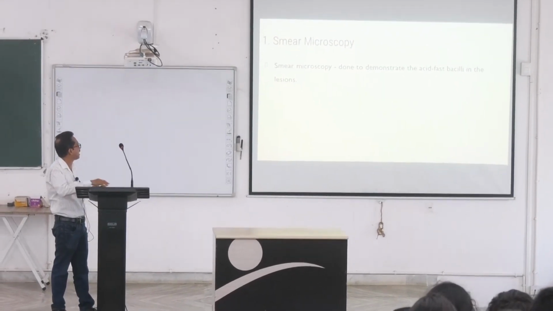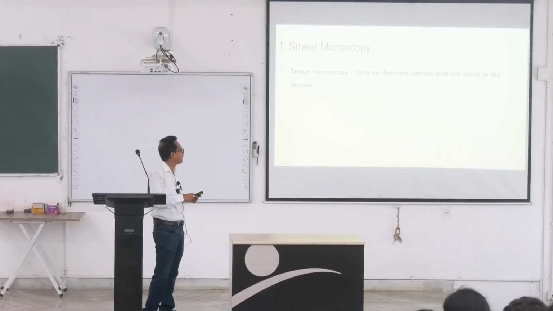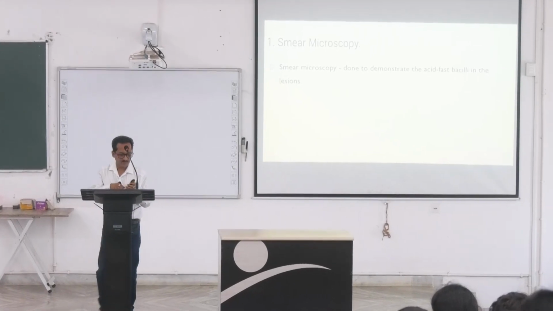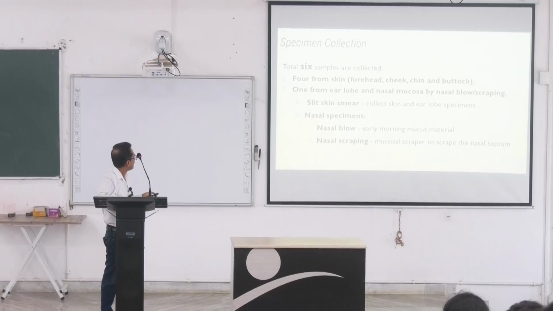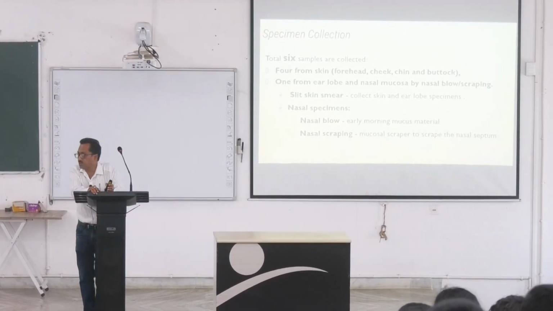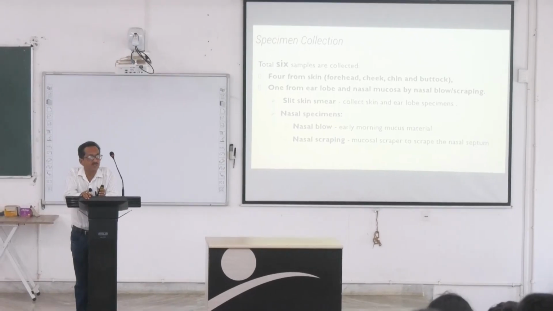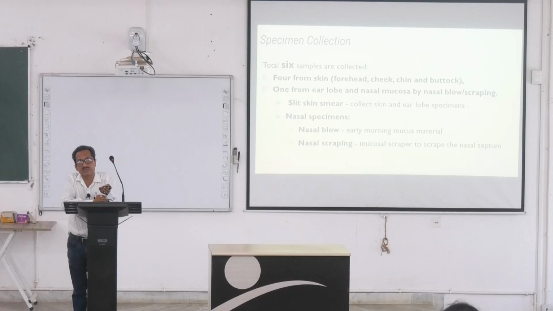So what is the commonest method of diagnosing? It is smear microscopy. Now what specimen will you take? For tuberculosis, we usually take sputum. So what is the specimen you will take in case of leprosy?